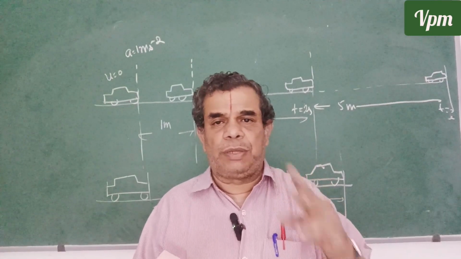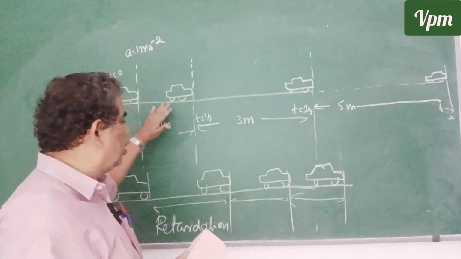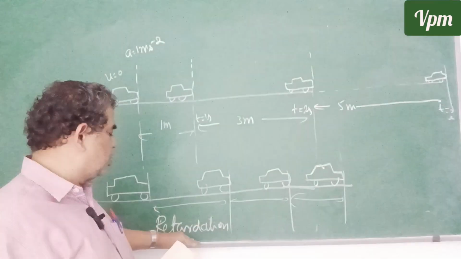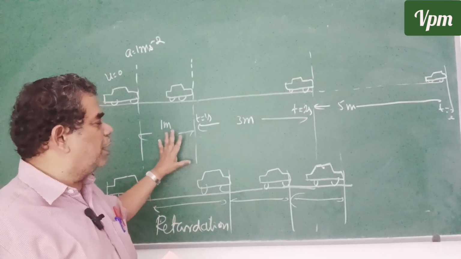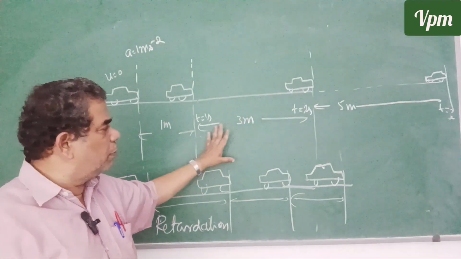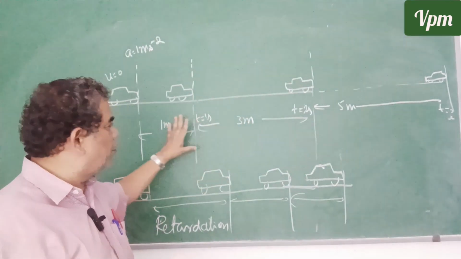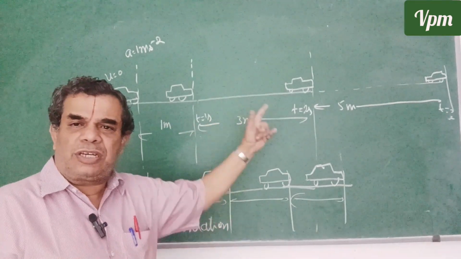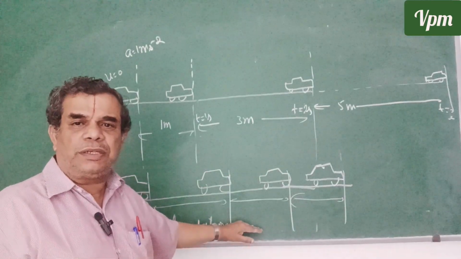So these are the two important things we can get out of these two figures. This is for acceleration and this is for retardation. I have written without any scale. What we must get in our mind is this picture. As soon as we say acceleration, this one, retardation, this one.